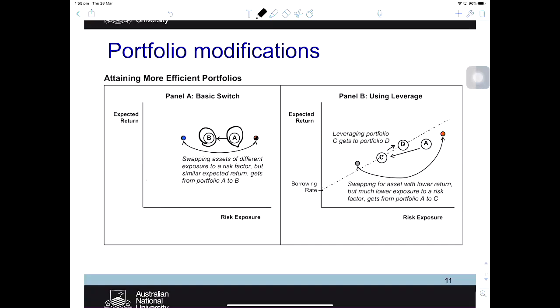So in this way, you might keep the same level of expected return in your two portfolios, changing from the red one to the blue one, but you might have the chance to reduce the risk or standard deviation of your total portfolio.